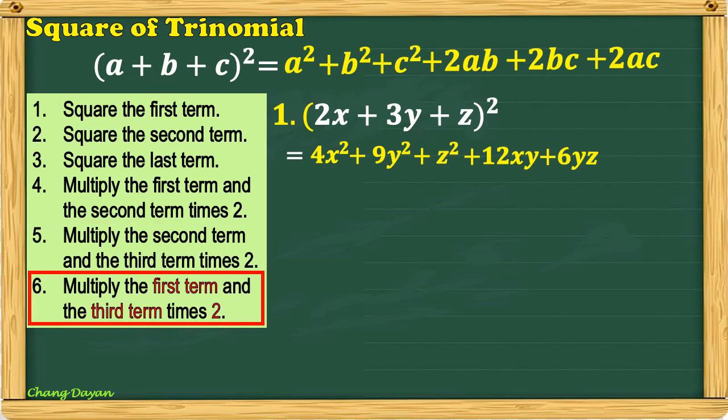Next, multiply the first term by the third term times 2. So we have 2x times z times 2. And we'll have 4xz.